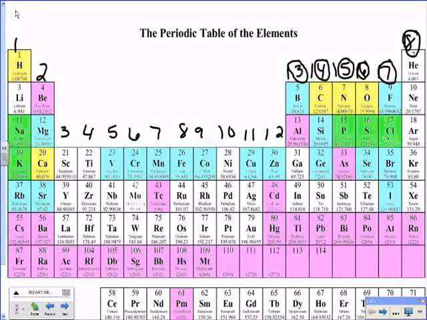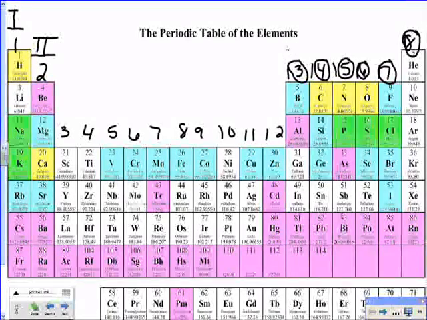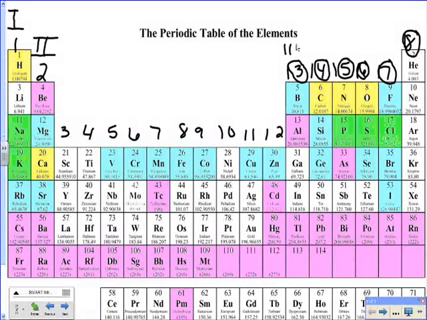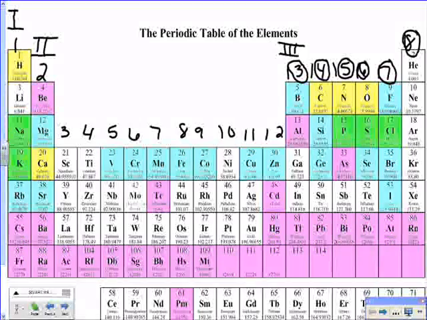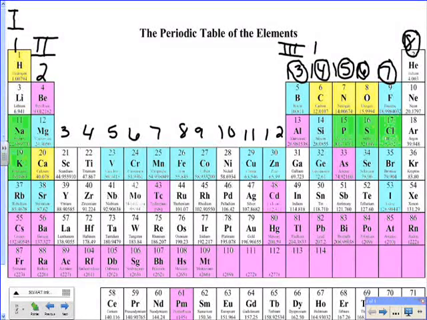Now, the old way of doing it, and you can label your table both ways if you like, the old way is using Roman numerals and skipping the transition metals. So that you have the 1, 2, 3, 4, 5, 6 like we were talking about. If you're not familiar with Roman numerals, you have 1, 2, 3.